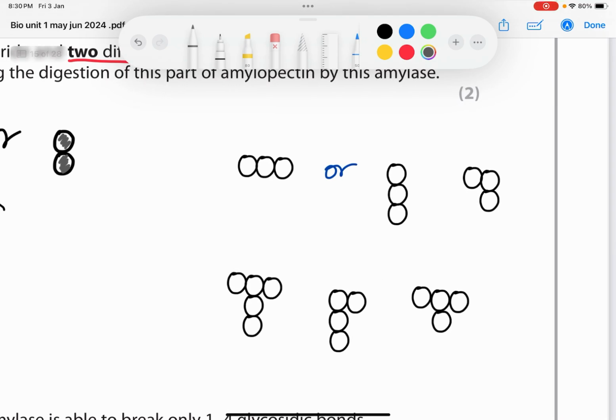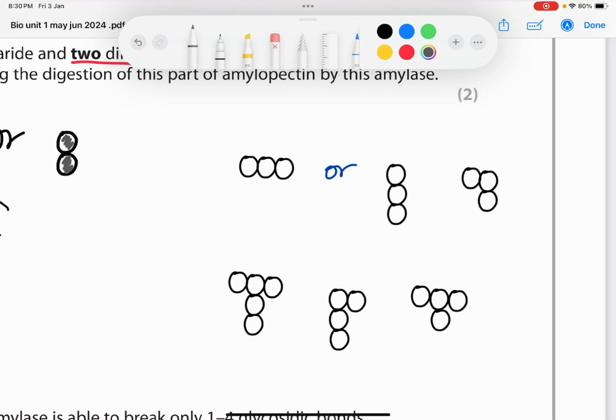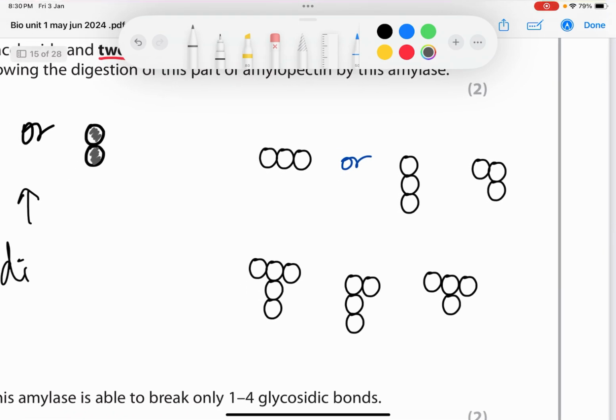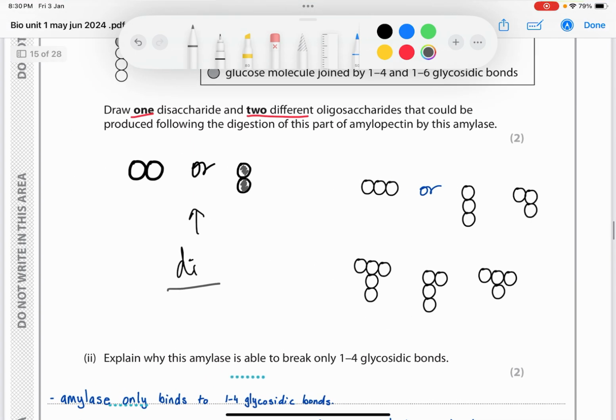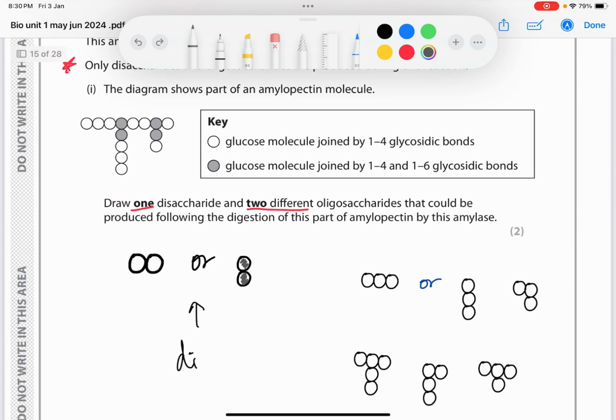Because if you didn't read that part, you'd be confused and wasting time trying to understand. So this part over here was the disaccharides. It's either two glucose molecules joined by 1 to 4 glycosidic bonds, or two of them joined by the 1 to 4 and the 1 to 6 glycosidic bonds.